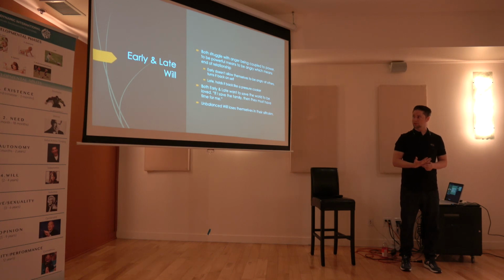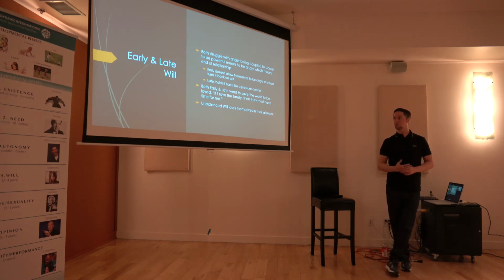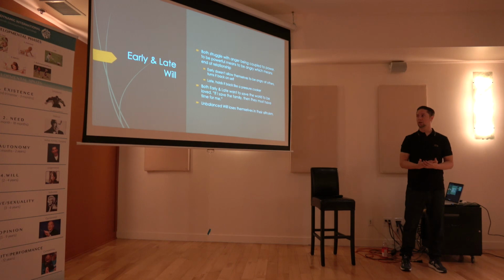So the early doesn't allow themselves to be angry at others. It takes their anger and turns it back on the self. This is where things like depression can start forming. And the late just holds it back like a pressure cooker. So both the early and the late want to save the world and to be loved. And so the idea is, if I save the family, then they must have time for me.